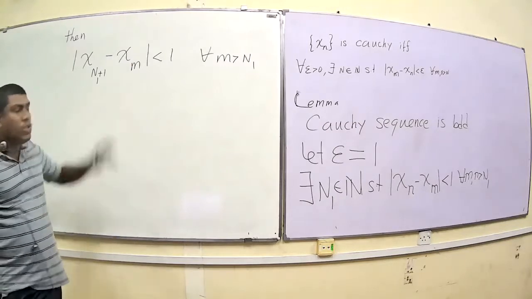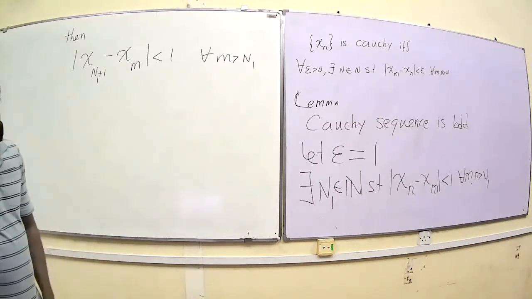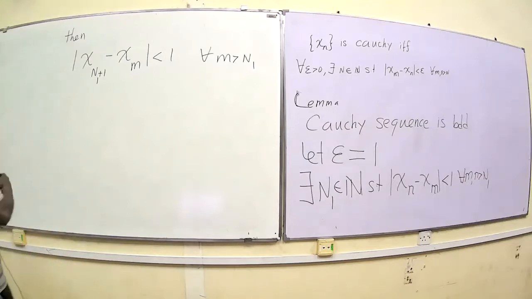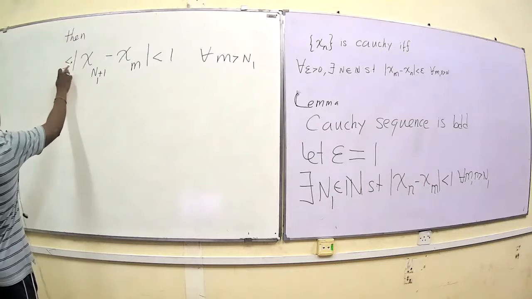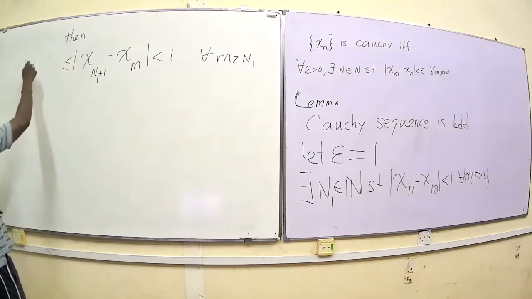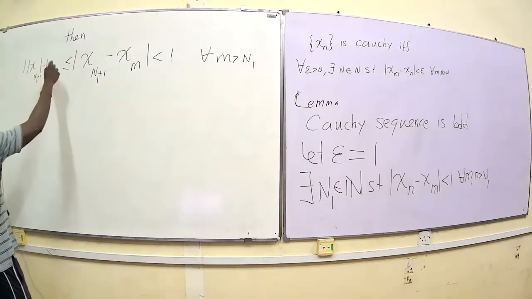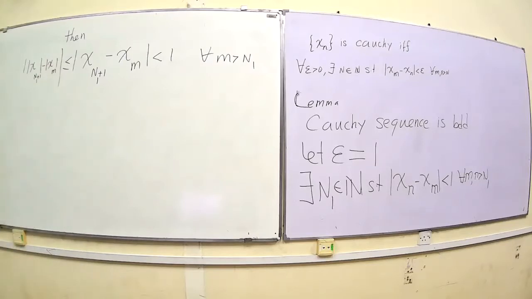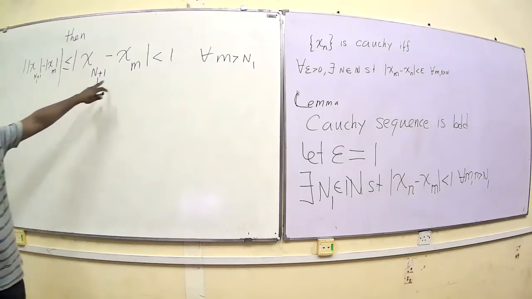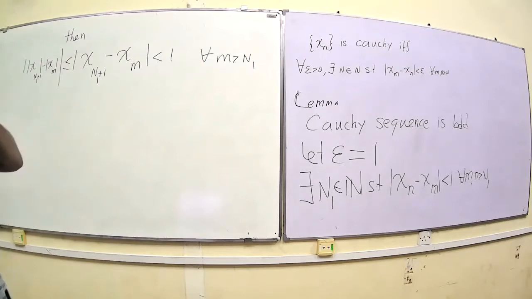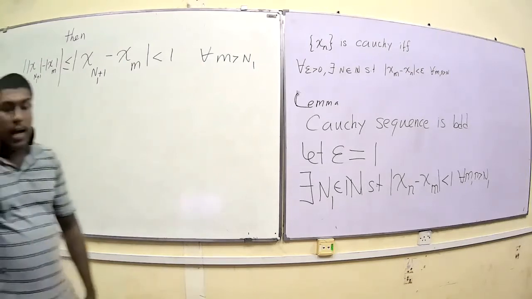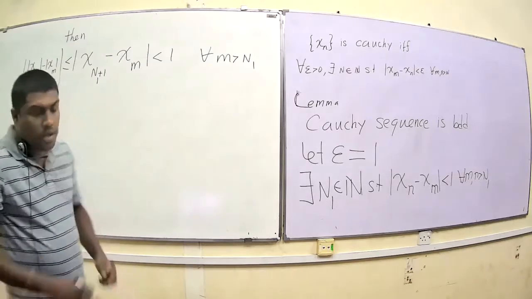Now this is true, but by using the triangle inequality, you know that this is less than or equal to the following. Because of the triangle inequality, the absolute value of xn1 plus 1 minus the absolute value of xm is less than or equal to the absolute value of xn1 plus 1 minus xm.